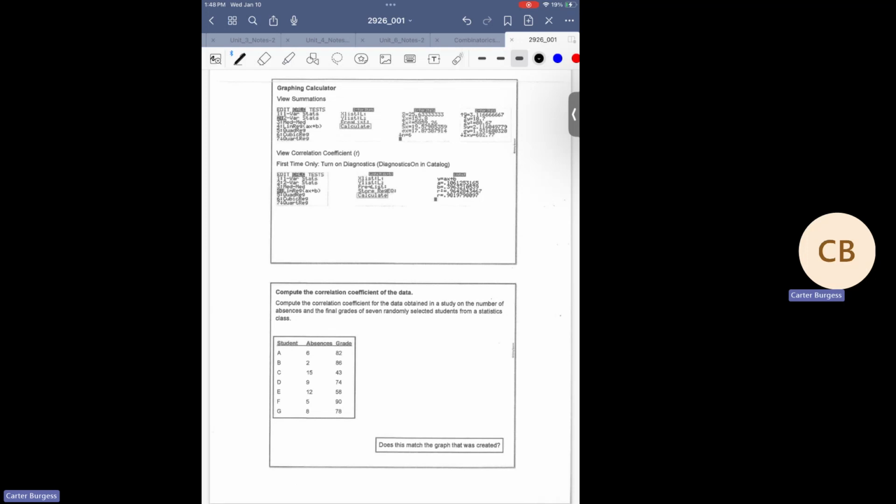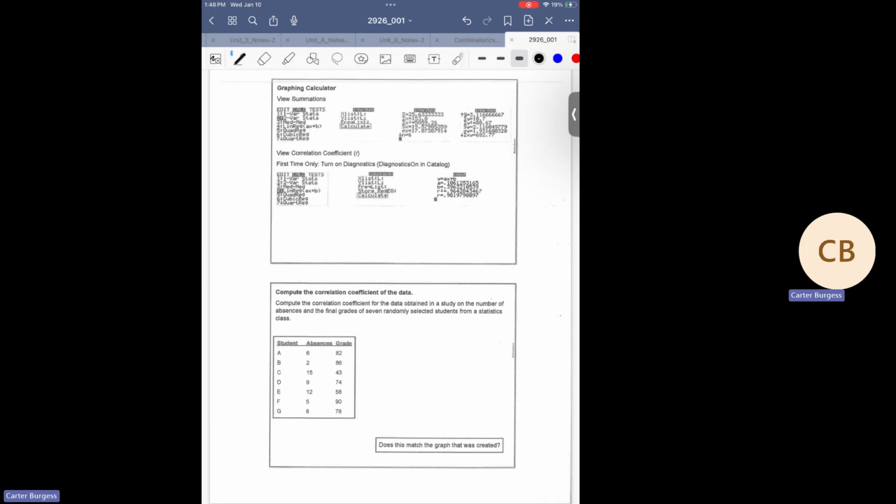And then 82, 86, 43, 74. Once you have all of your data entered, before we were pulling up the scatter plot and everything, we already know what the scatter plot looks like.